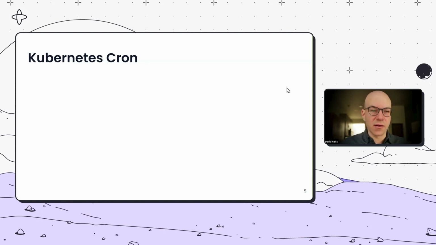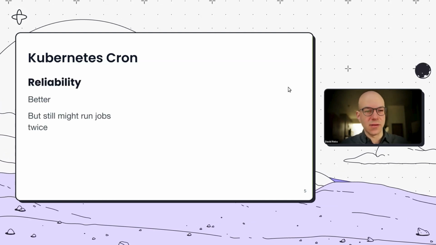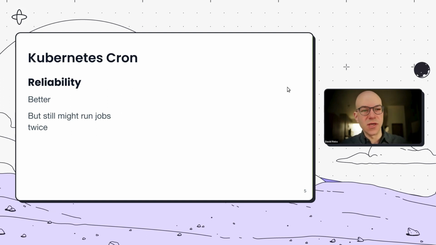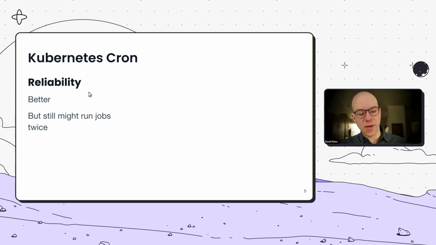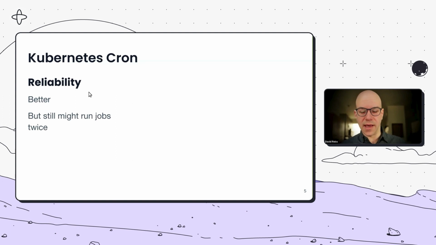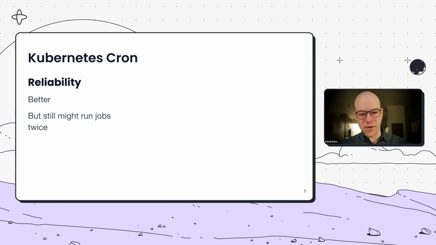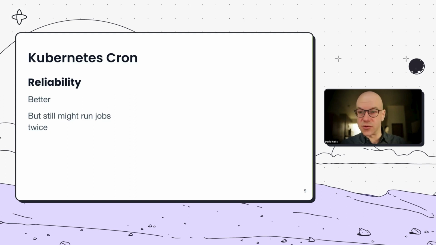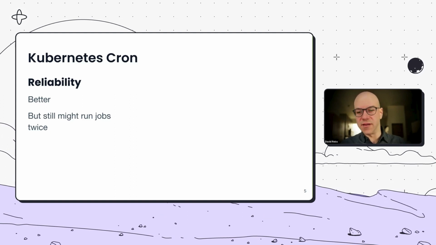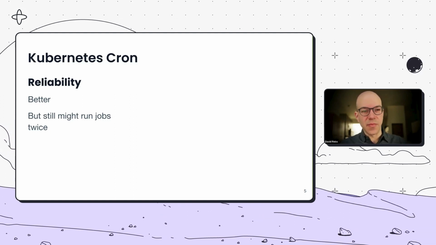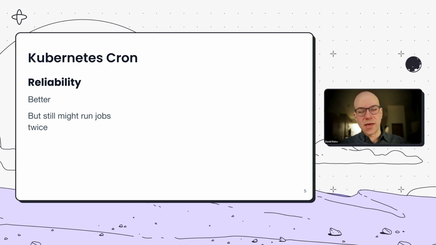So first of all, consider the same issues. For reliability, it works better in that you can set something up with a configuration. It'll run in a distributed way. It'll try to run your job even in the face of single machine failures, but it might run them more than once.